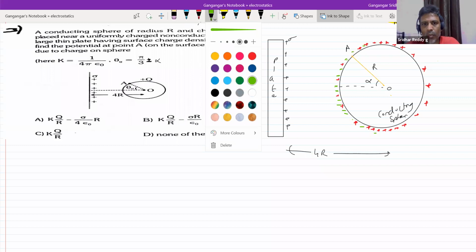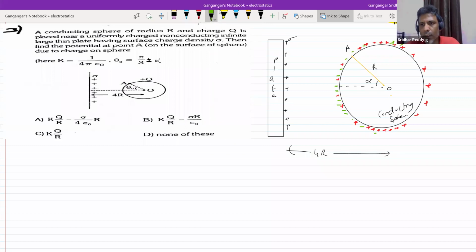Then positive charge. Is it okay? So all this. The green color is due to this one, due to the plate. And the positive charge plus Q is what was already present here.